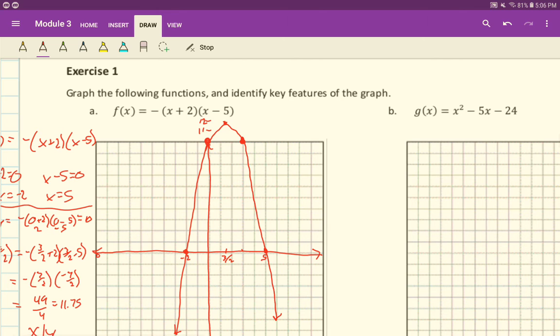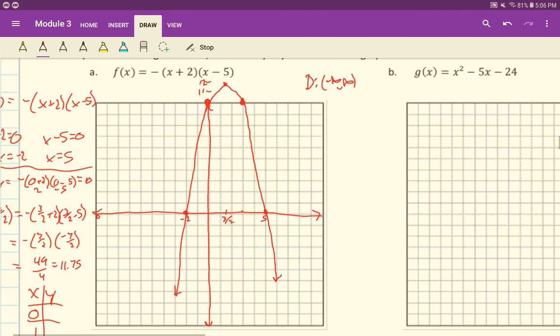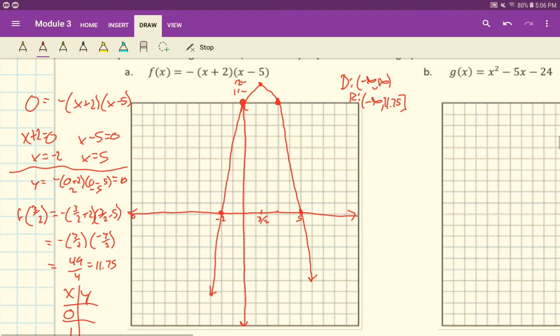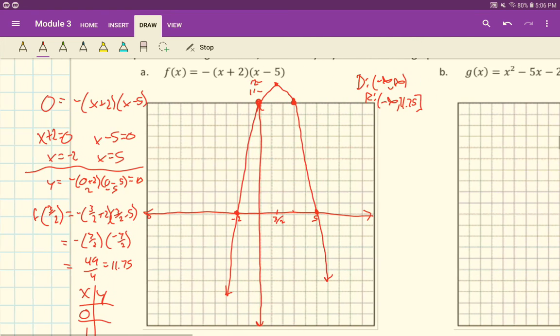Okay, so let's see here. The domain is negative infinity to infinity, right? Because it just keeps going to the left and to the right. The range is going to be negative infinity to 12. Oh, no, 11.75, right? The highest point is 11.75. We already found the zeros right there, so here are the zeros.